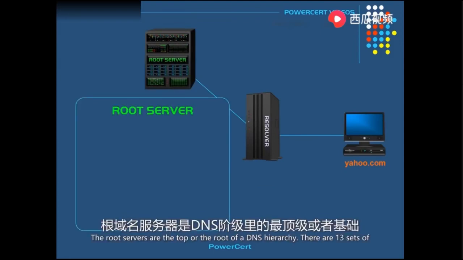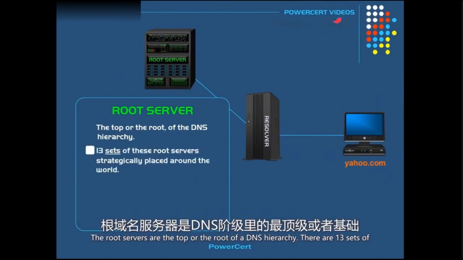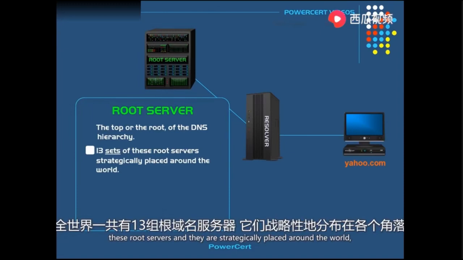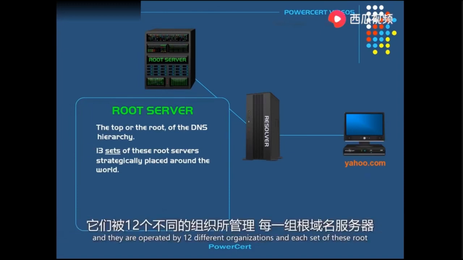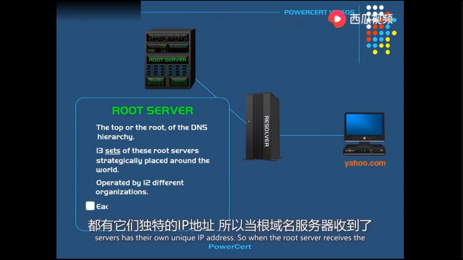server. The root servers are the top or the root of a DNS hierarchy. There are 13 sets of these root servers, and they are strategically placed around the world, and they are operated by 12 different organizations. And each set of these root servers has their own unique IP address.